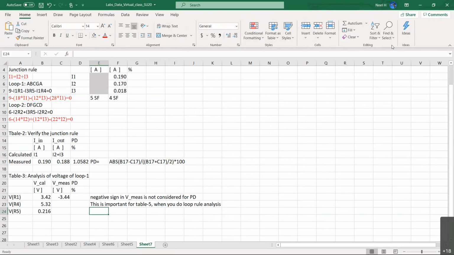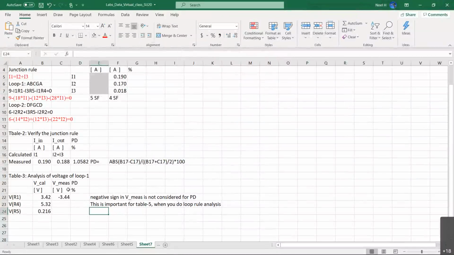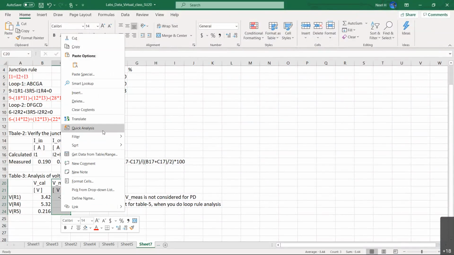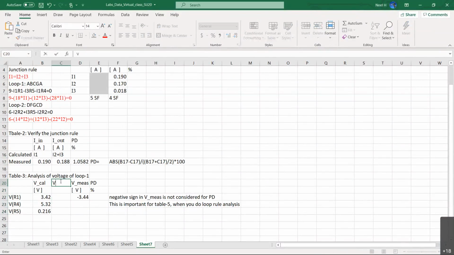So let us do maybe one column here. Might be useful, I think. Let us add another column here to represent that sign. Insert another column. Okay, so in this column, just put the V measured sign only, whether it is negative or positive.